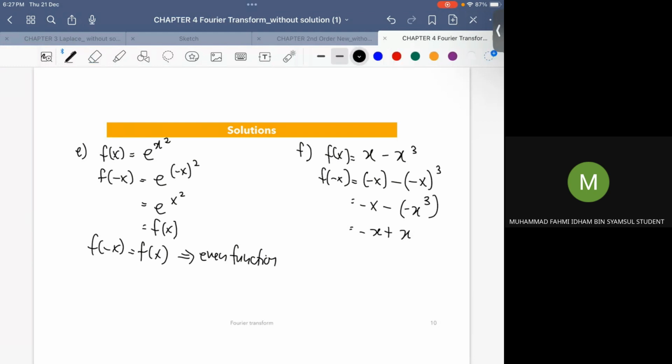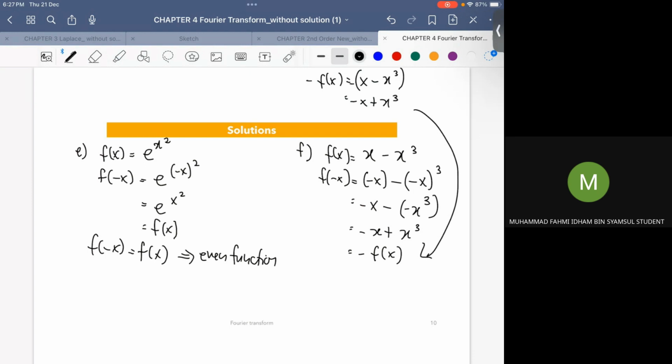And this is just the same as negative f(x). If you're not sure, f(x) equal to x minus x cubed. If you put negative here, so here also put negative, so negative x plus x cubed.